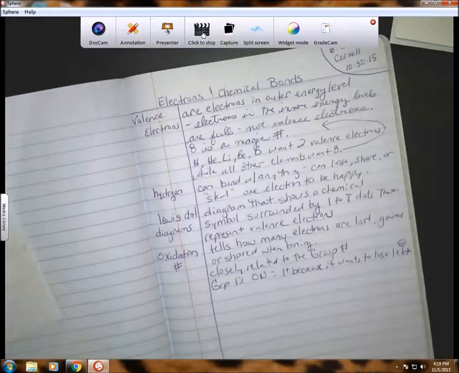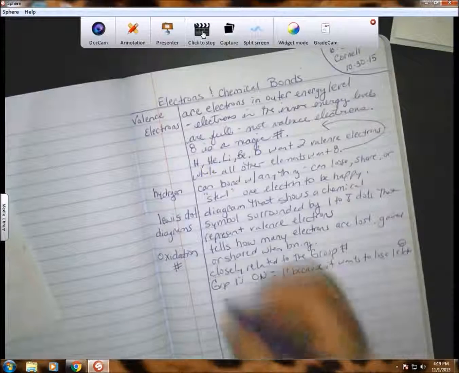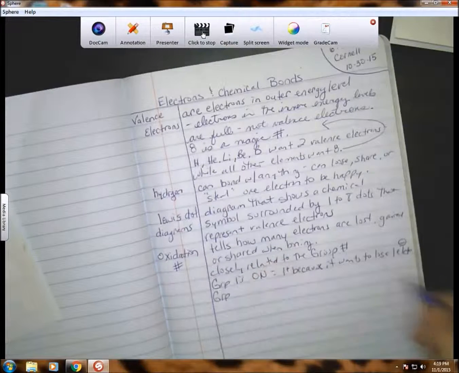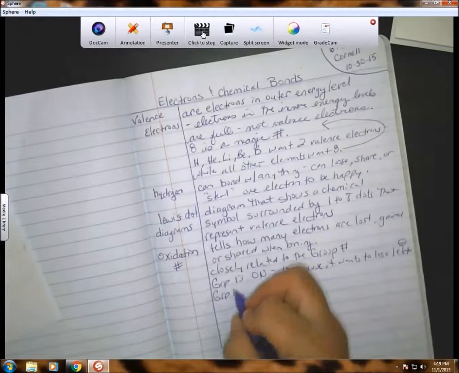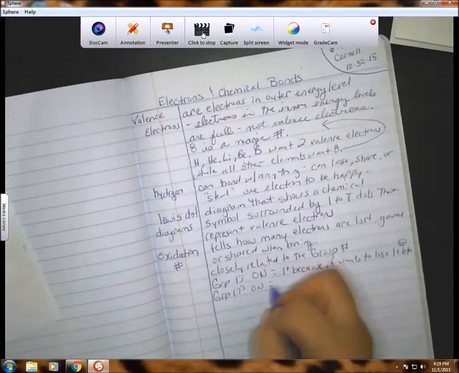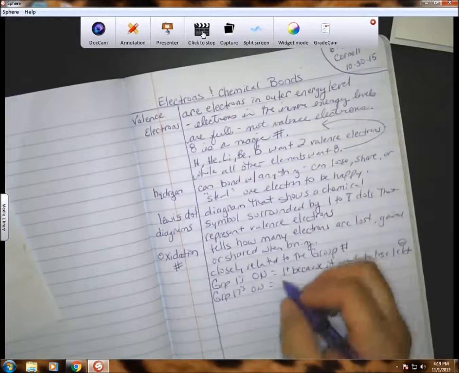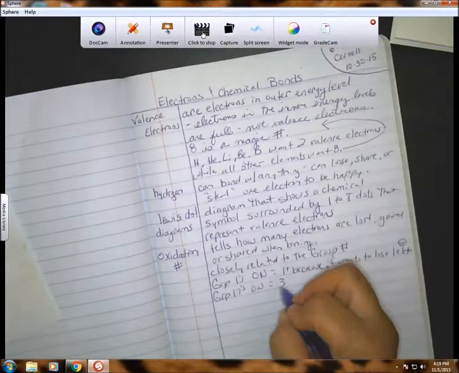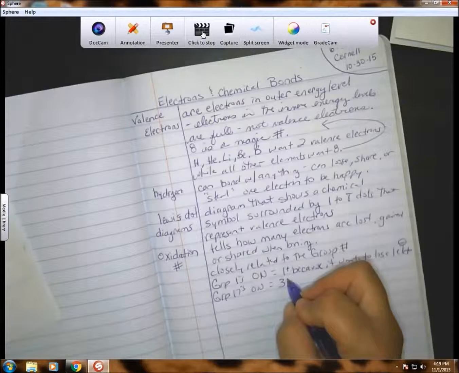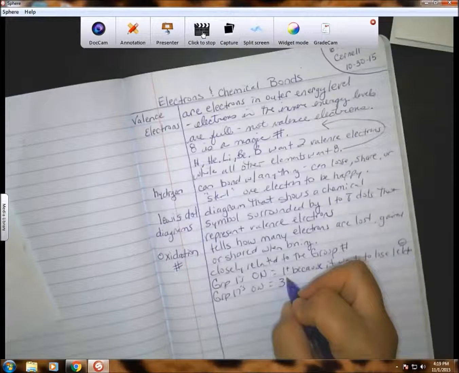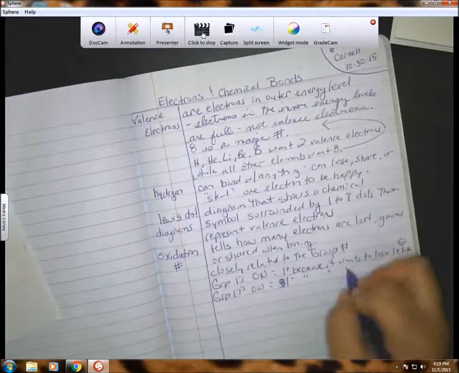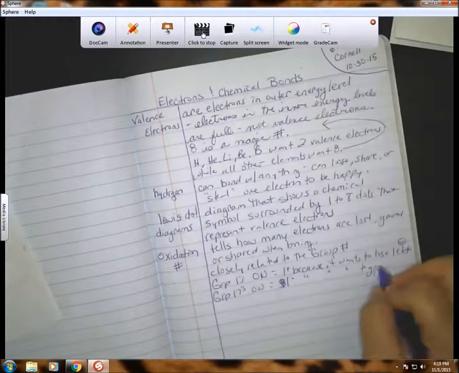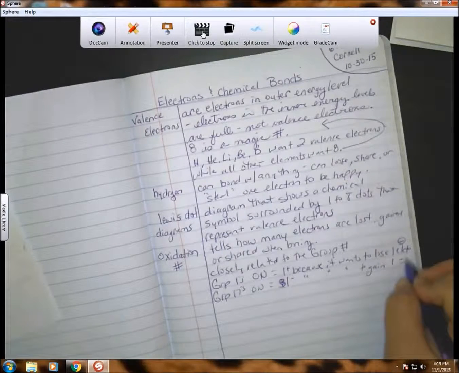Alright, so I'll probably write down that group 17's oxidation number is going to be 1 minus, because it wants to gain 1 electron.